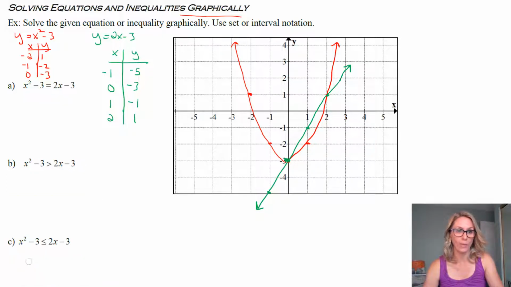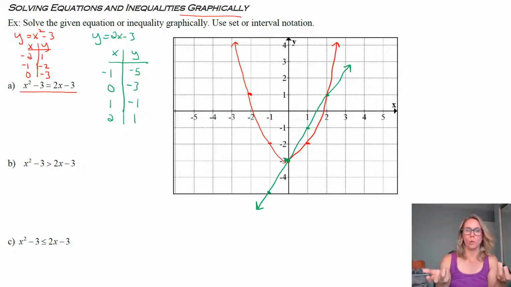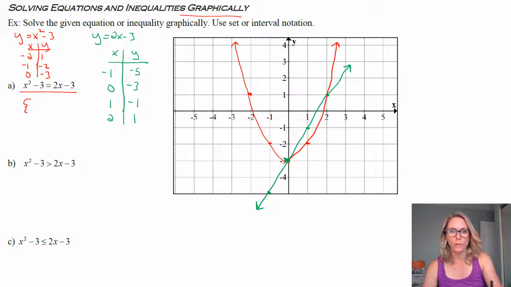Believe it or not, we can. So the first question is simply, when are these two sides of this equation equal? And they are equal when, graphically speaking, their y values are the same. So you can see that they share a couple points. And you can see that the x values where they share a point are at 0, and up here at 2.